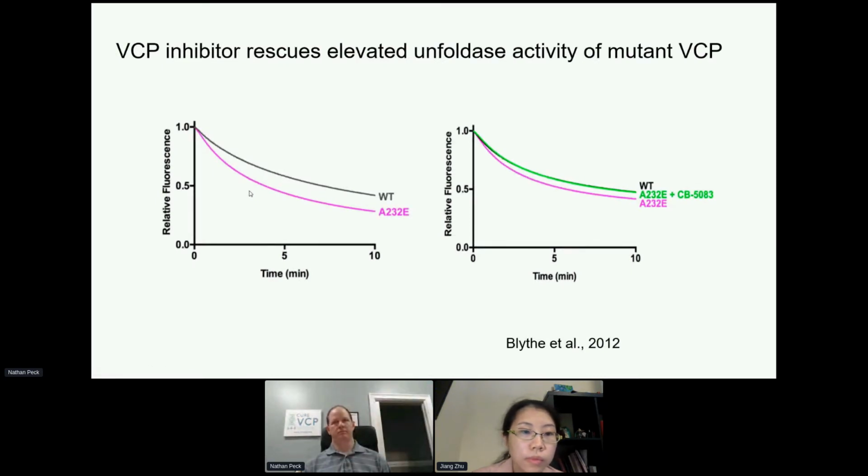Previously in the biochemical studies by Raymond Deshaies' lab, they incubated the CB with the mutant A232E VCP complex, and they were able to normalize the unfolding activity back to the wild type level. And that becomes one of our foundations to inhibit our hyperactive VCP complex in our rodent model back to the wild type level and see whether we can ameliorate disease pathology.